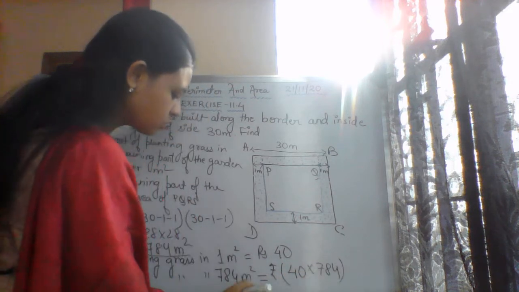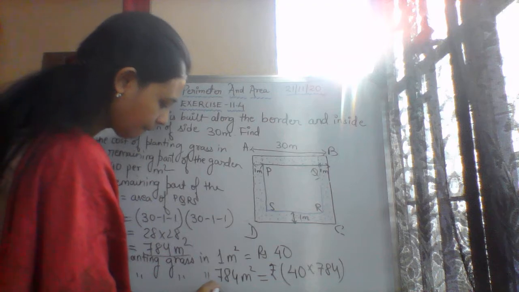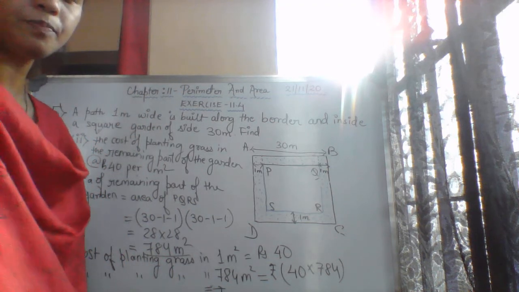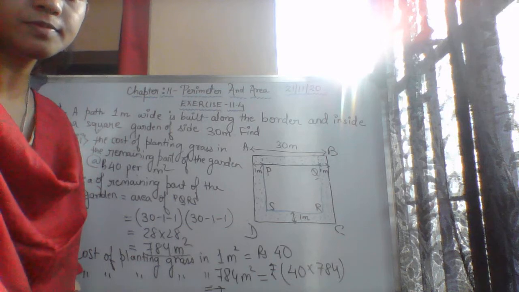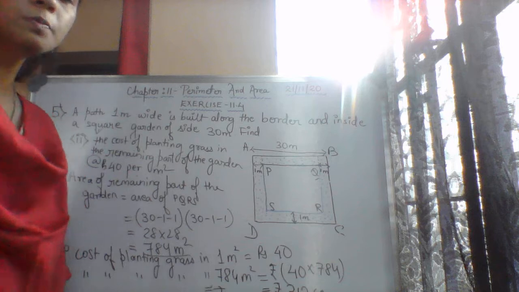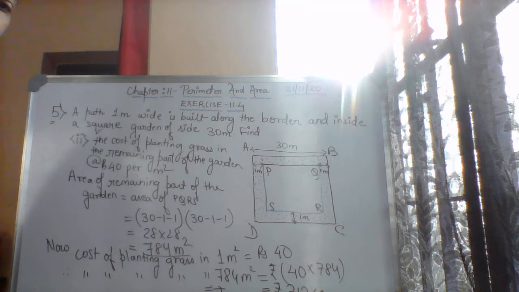Quickly calculate, how much do you get? 784 into 40, rupees 31360. Yes, then it is correct.